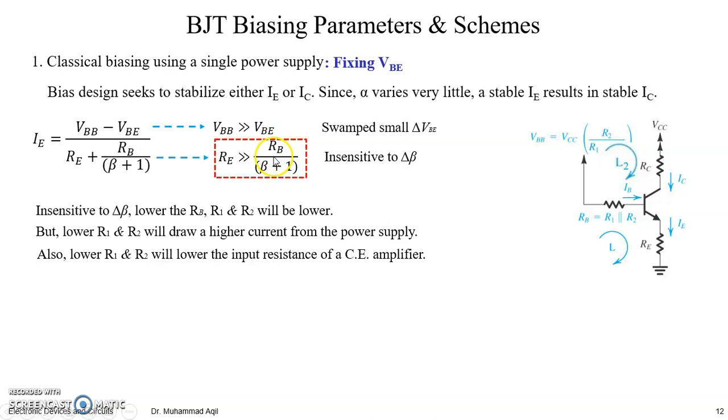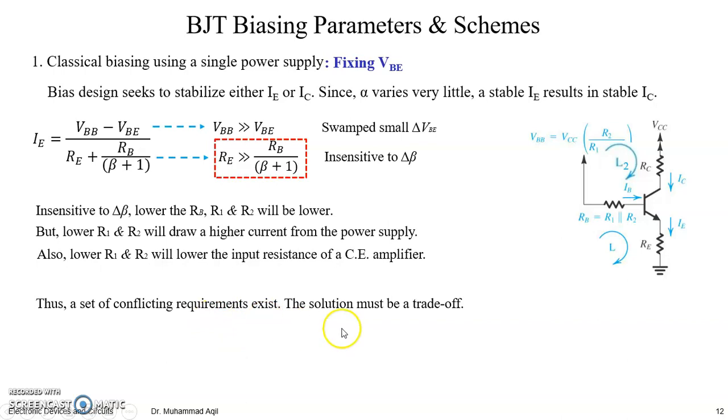So let's talk about RB. If we want to reduce it, we need to reduce R1 and R2, and by reducing R1 and R2, we are having these two constraints, right? So it means we cannot reduce this much. Here also we are having conflicting requirements, right?